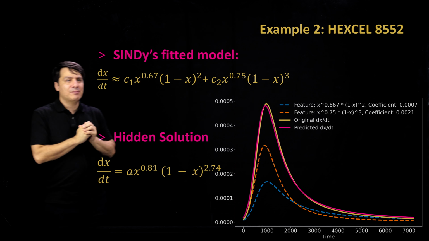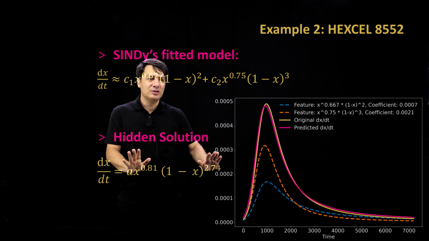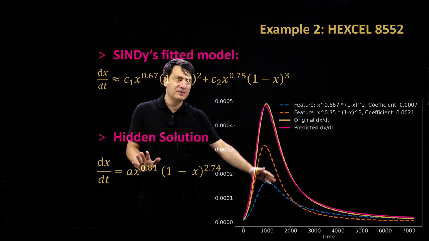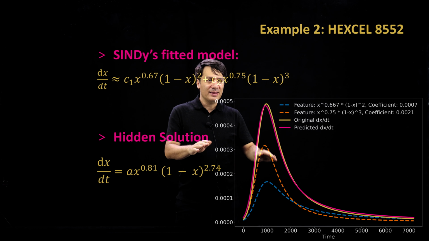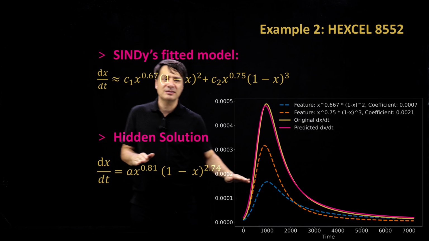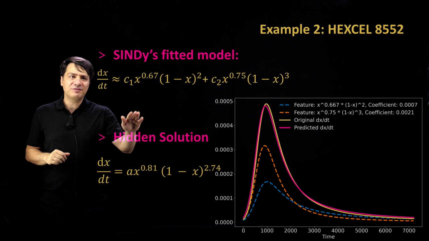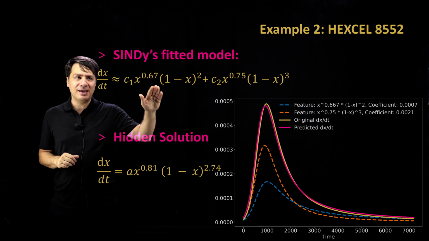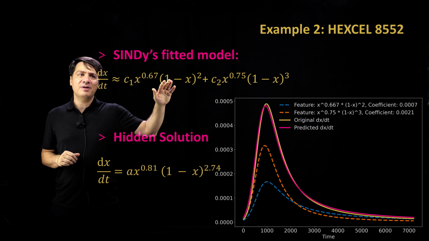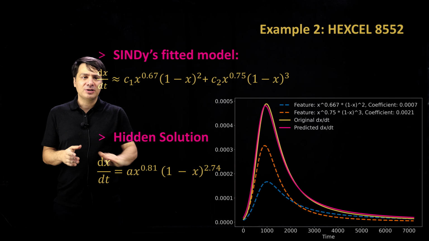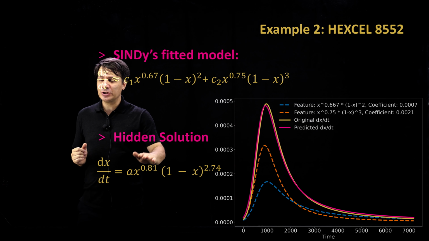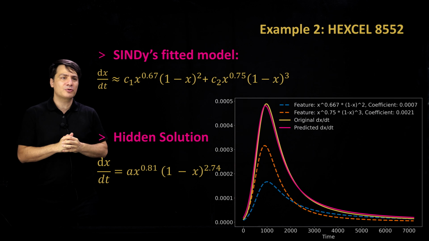In the second example, again, similar to the previous example, you can see the curve here. And then the 2 functions that SINDy has identified, both of them are in the shape of x to the power of m and 1 minus x to the power of n, which is close again to the final solution, the hidden solution that was used to create this.